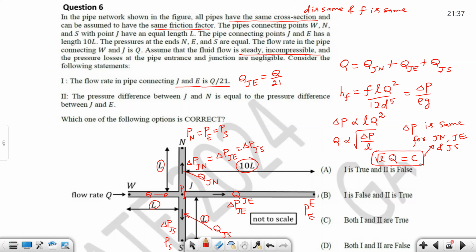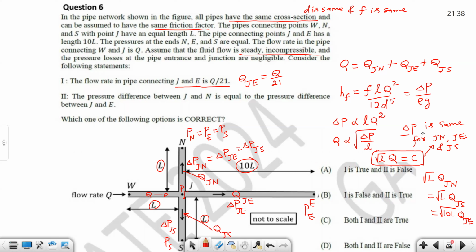So for the pipe JN, you have a length L, and QJN is equal to QJS, root L into QJS is equal to root 10 L into QJE, because only for these three pipes root L into Q is equal to a constant, because delta P is the same.